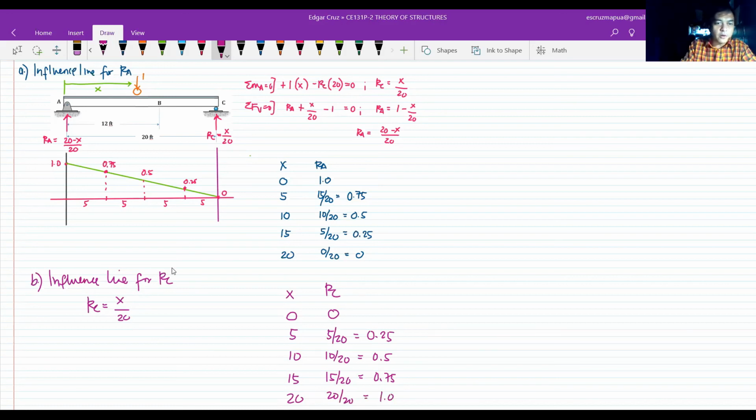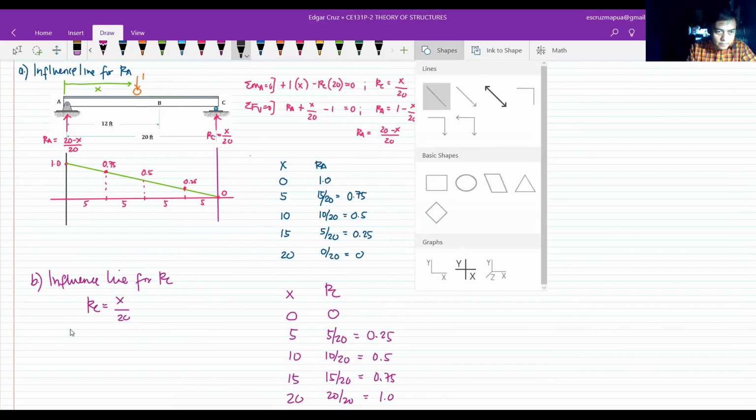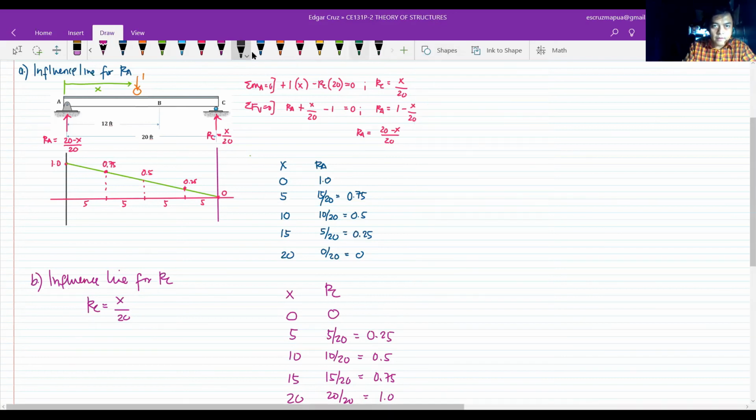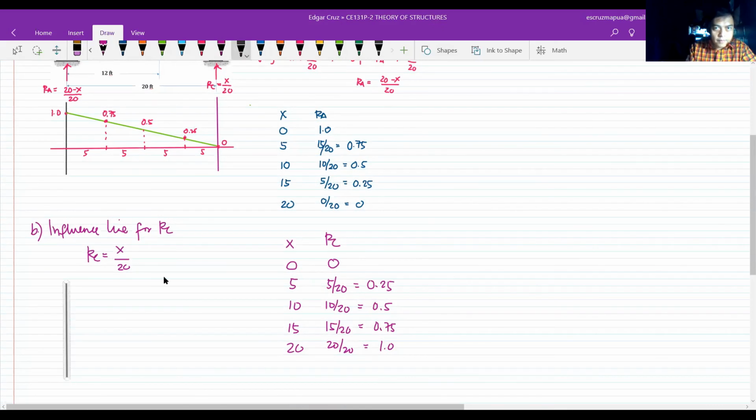Okay, so if we draw the influence diagram, looking at the given figure pa rin tayo magbe-base. Ipo-project ko lang siya from sa taas pa rin. Okay, let's say ito yung zero line.